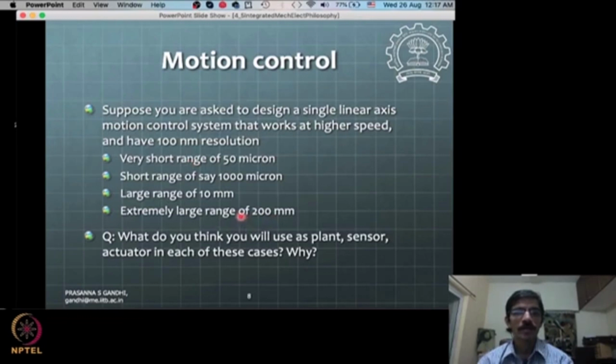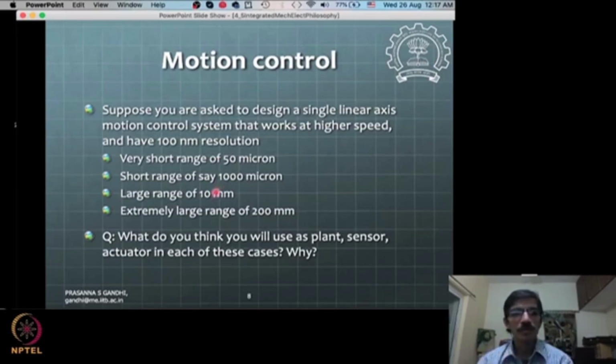Okay, we have also seen the possibility of large range in the CD-ROM drive. On the CD surface, you have to move larger distances with 100 nanometer resolution. Only the short range of up to 1000 micron or 1 mm was taken care of by the compliant mechanism, but the rest of the motion was actually coming from the rack and pinion kind of drive.